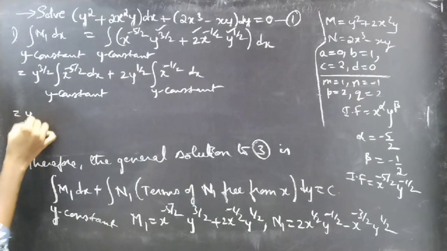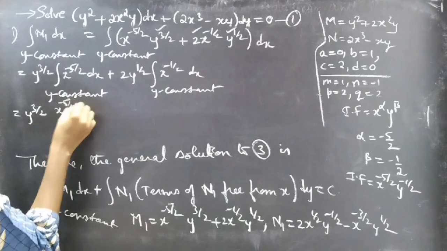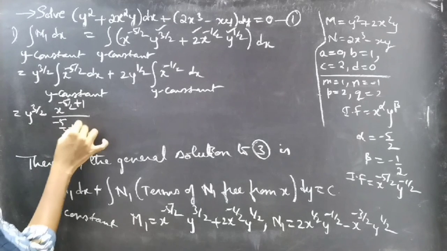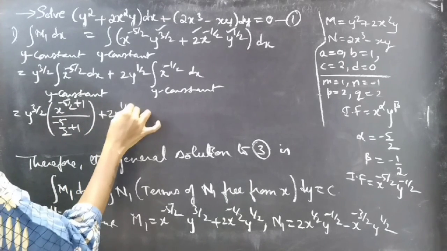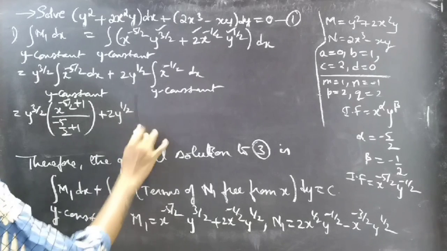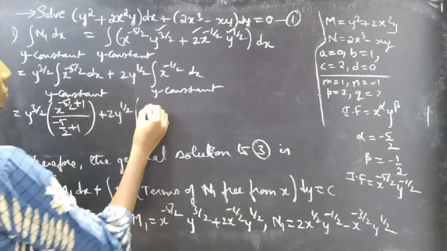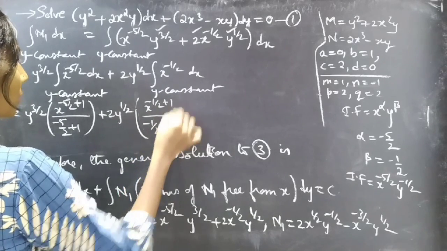which gives us y power 3 by 2 into integral x power minus 5 by 2 dx is x power minus 5 by 2 plus 1 by minus 5 by 2 plus 1, plus 2 y power 1 by 2 into integral x power minus 1 by 2 dx is x power minus 1 by 2 plus 1 by minus 1 by 2 plus 1.